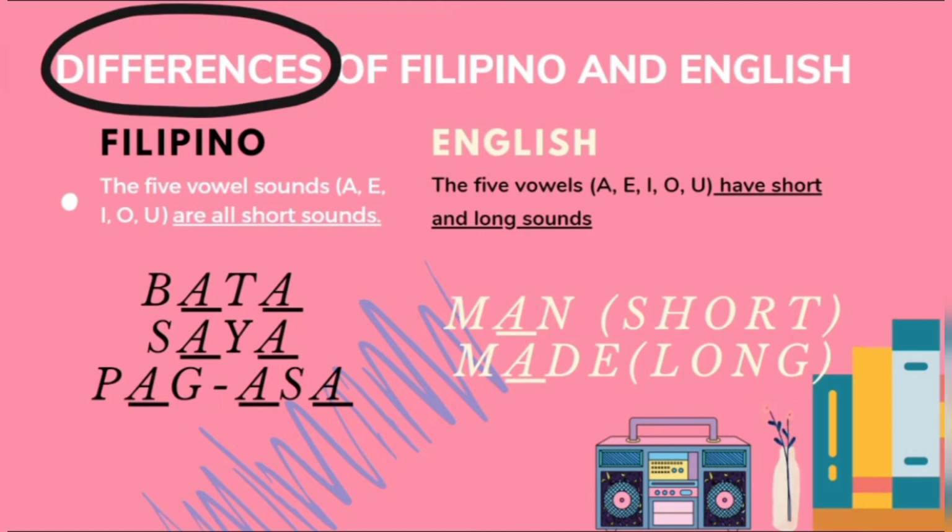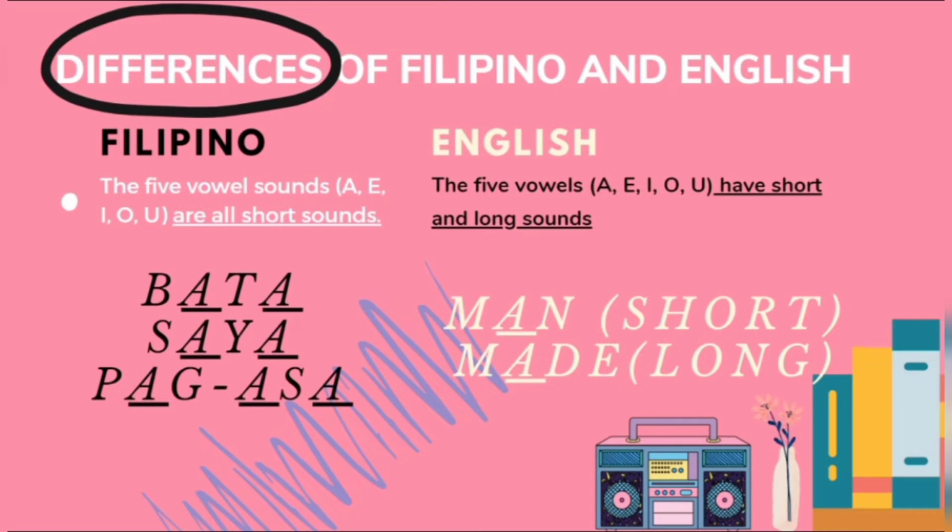Let's have those words as an example. In Filipino, bata, saya, pag-asa. You see, it only uses short sounds. While in English, we have man. That is a short sound. While the other word, you cannot read that as made.